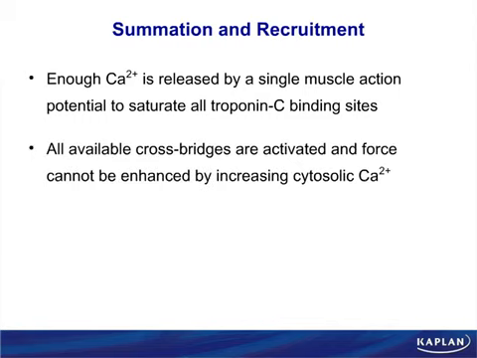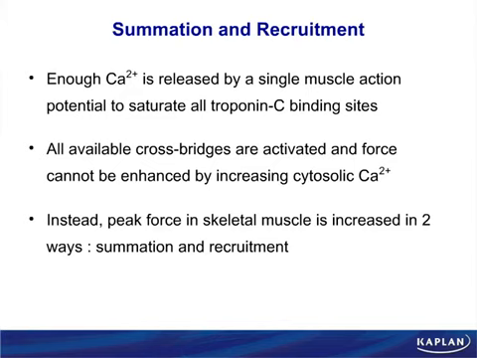All available cross bridges are activated. So I can't enhance force by increasing cytosolic calcium because I already release enough with a normal twitch to saturate all the binding sites. So we have to increase force two different ways, summation and recruitment.